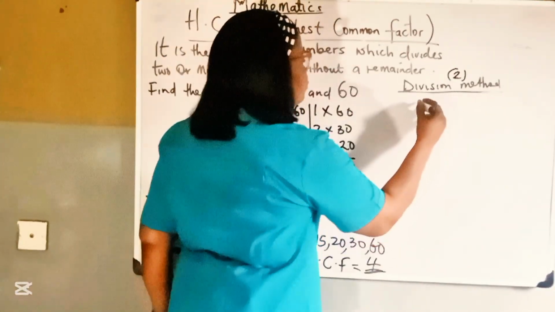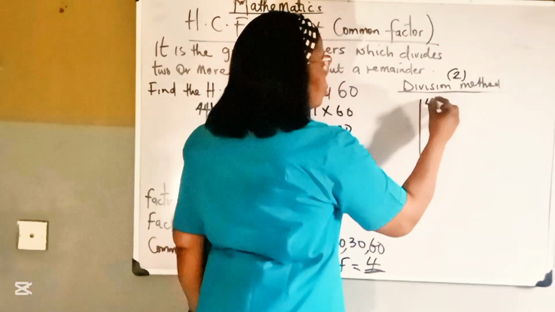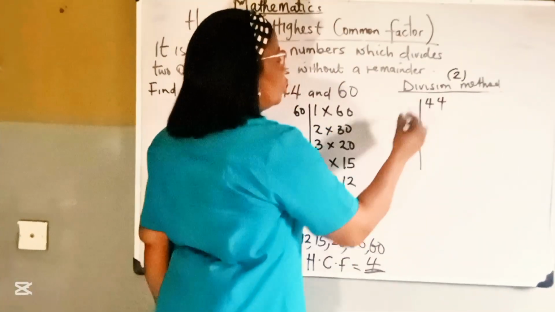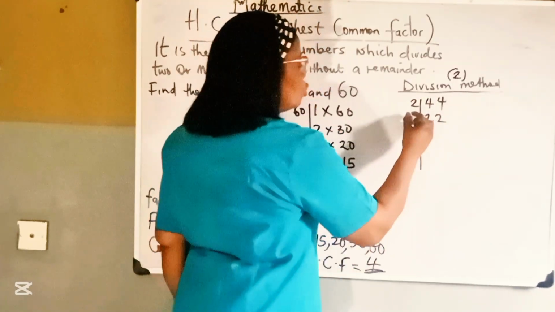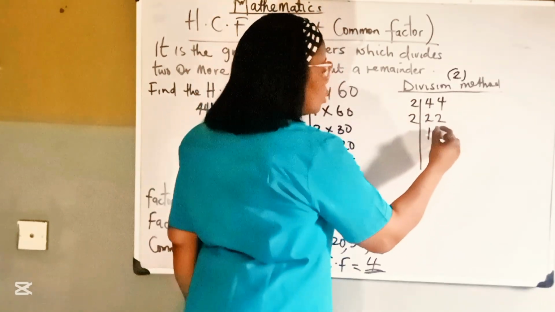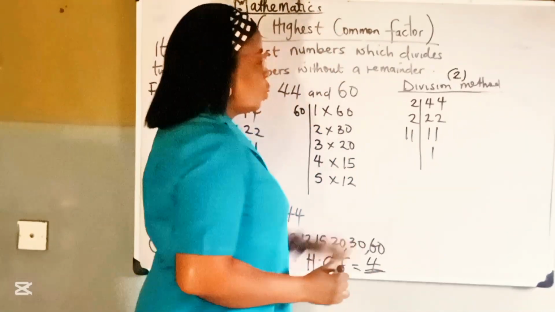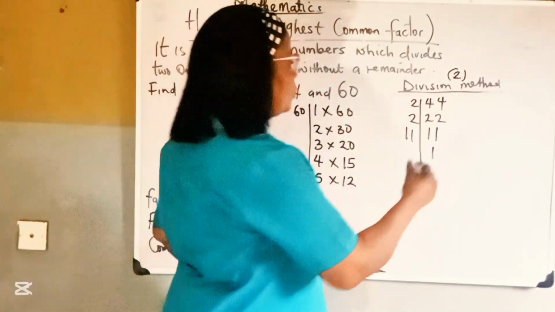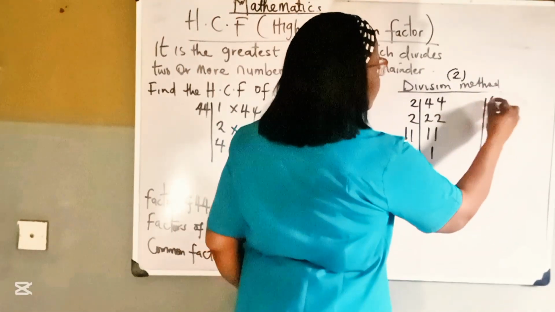Okay, we're going to look at the division method. Right? So in the division method, we make our line like this. We write our 44. 2 into 44 will give you what? 22. 2 into 22 will give you what? 11. And 11 into 11 will give you what? 1. Then 60.